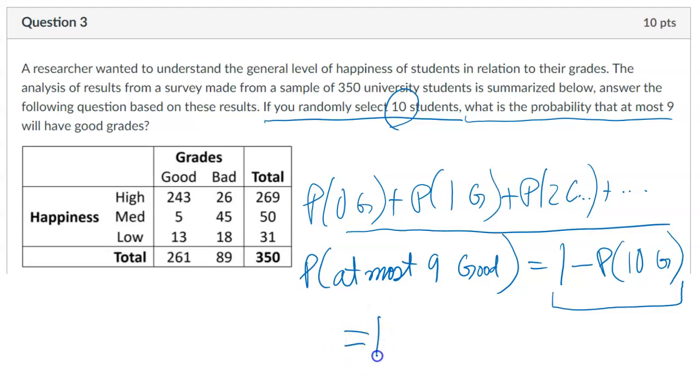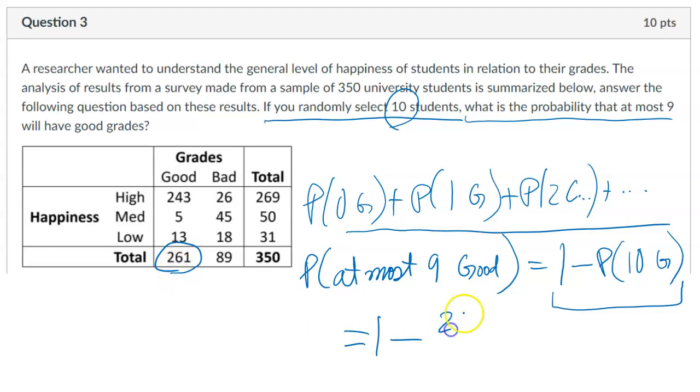Let me calculate that. 1 minus the probability that the 10 students that you select all have good grades. Let me explain it again just in case you're watching this in isolation. 10 students that have good grades is like selecting from the students that have good grades.